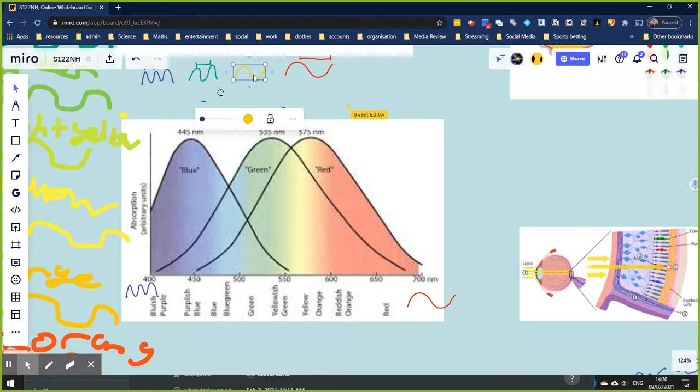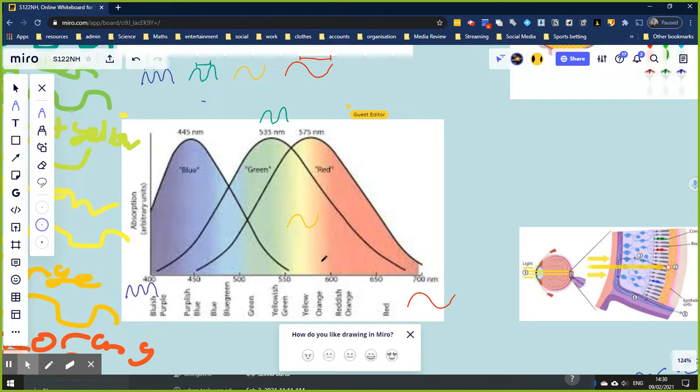If I take, for example, yellow light, which looks like that, we see what the different cones can detect. The blue cone doesn't look like it can see anything. But if I follow it up here, we'll see how much the other ones detect. This amount here is how much the green cone can detect.